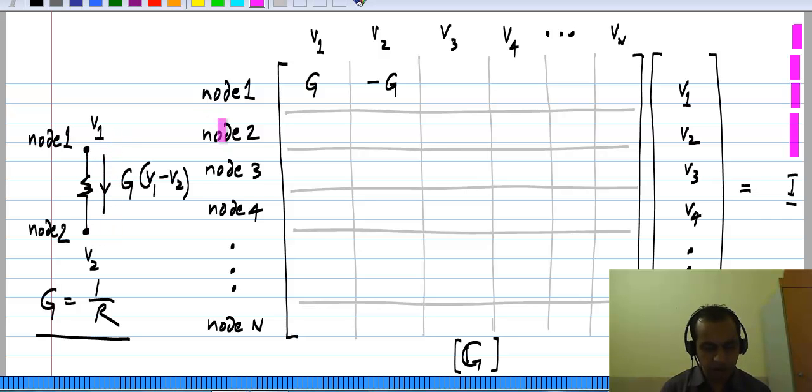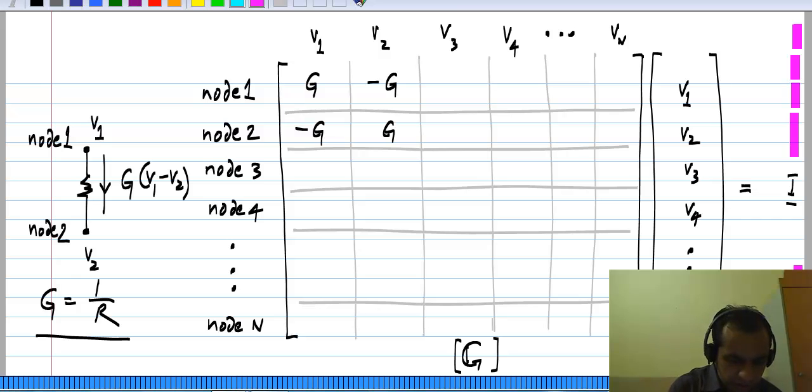Remember, in each node we group the currents which are flowing away from the node. So in the equation for node 2 we'll have G times V2 minus G times V1. Of course, in these columns and these rows there will be other terms corresponding to other components connected to this node. But I am talking about now the contribution of only this particular resistor.